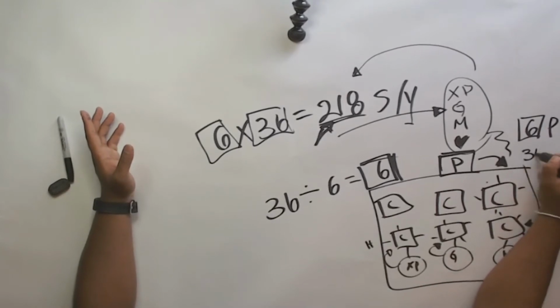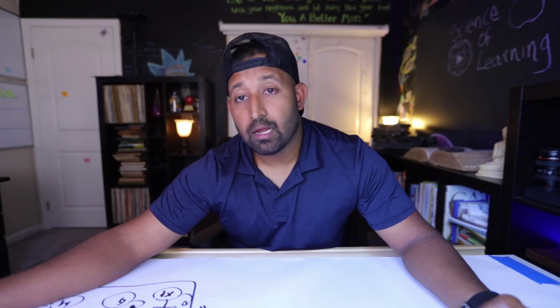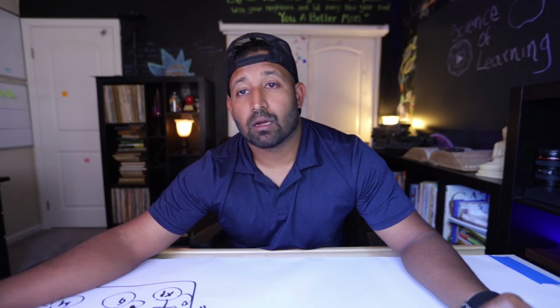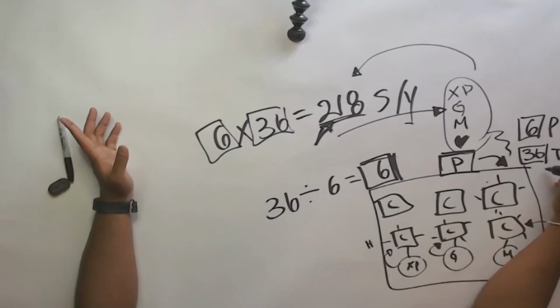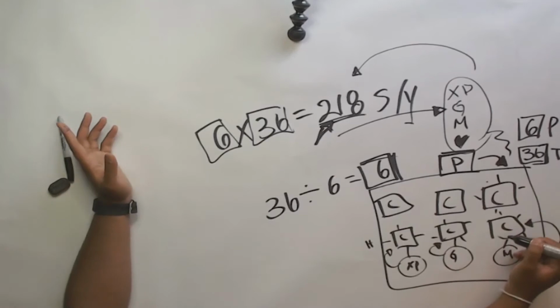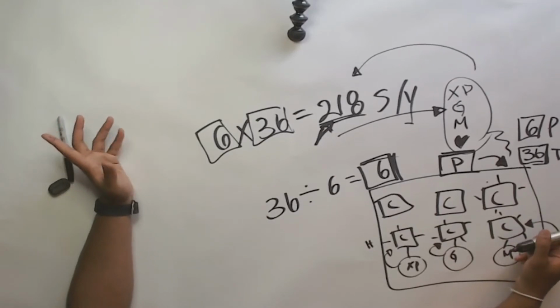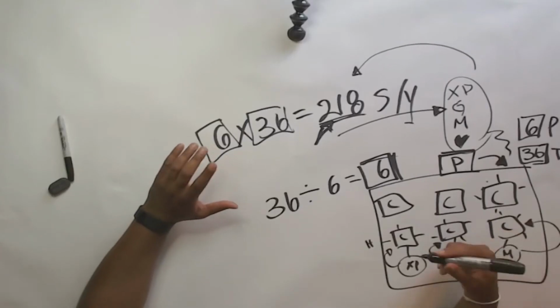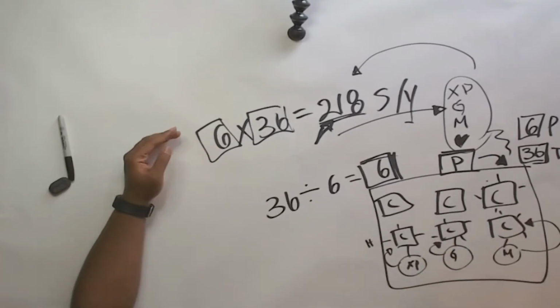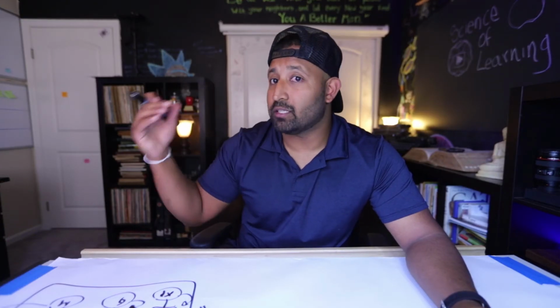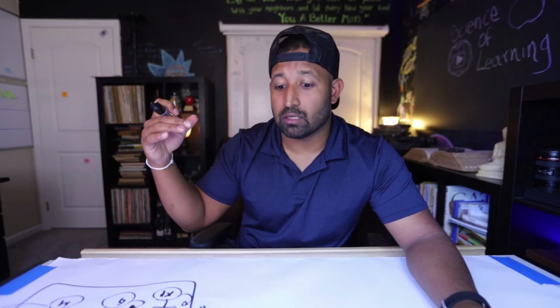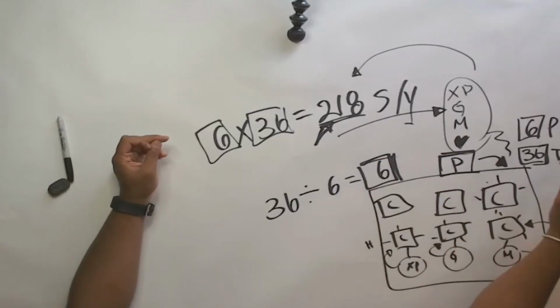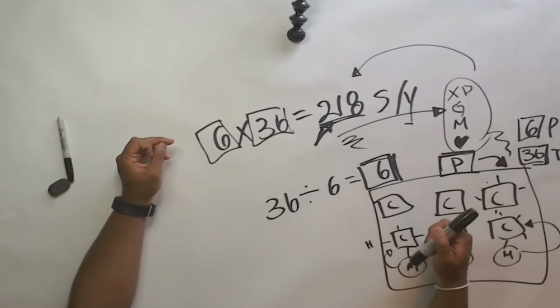I have 36 team accounts, 6 team accounts per period. So now we are only dealing with about 42 different accounts instead of 218, which is a lot smaller and a lot easier to think about. The cognitive load of 42 versus the cognitive load of 218 is a lot different. So it's really easy to manage this versus managing that.